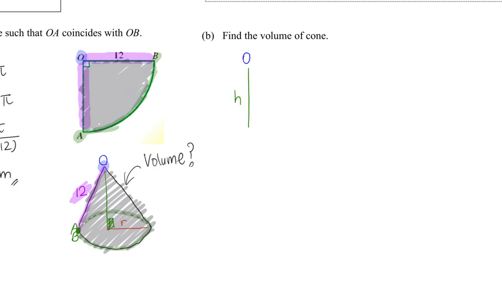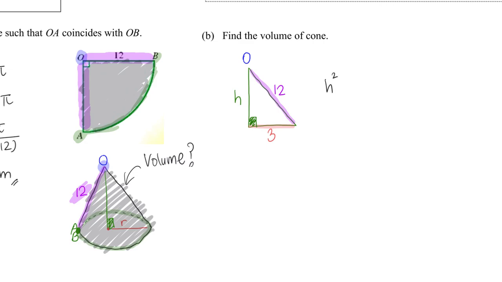Point O is up there. And I hope you are able to see that this is my radius r, which is 3. And this is my slanted height, 12. And because this is a right angle triangle, I will be able to get my h easily.